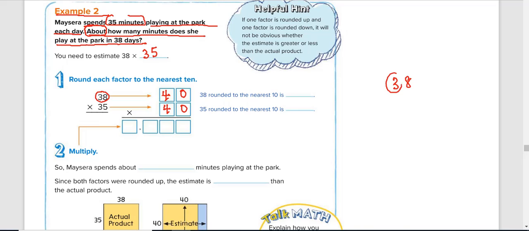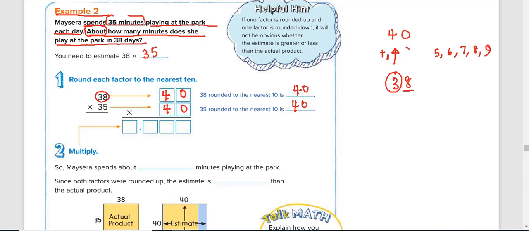38, to the tens place, check the next digit, 8. When the next number is 5 or more, that is 5, 6, 7, 8 or 9, the rule says we have to round up. Rounding up means we add 1 to this 3, it becomes 4. And the next digit 8 turns to 0. So that's how we got the 40. So this is 40 and this is also 40.